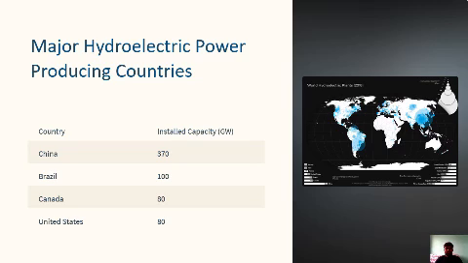In installed capacity in gigawatts, China occupies first place and Brazil second, while Canada is third and the United States fourth with about 80 installations each. China installs 370 hydroelectric power plants in a year, and Brazil has crossed a hundred.